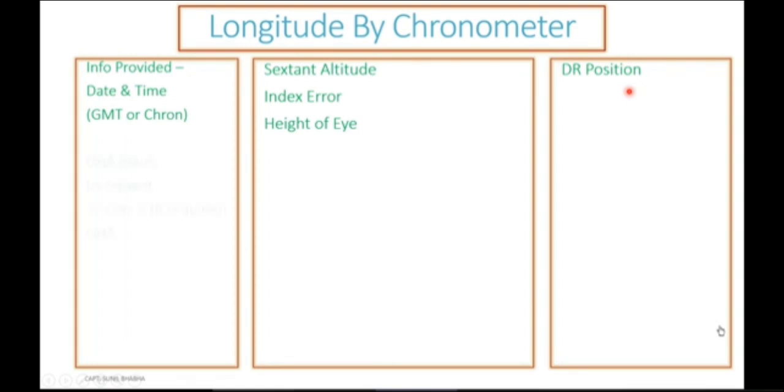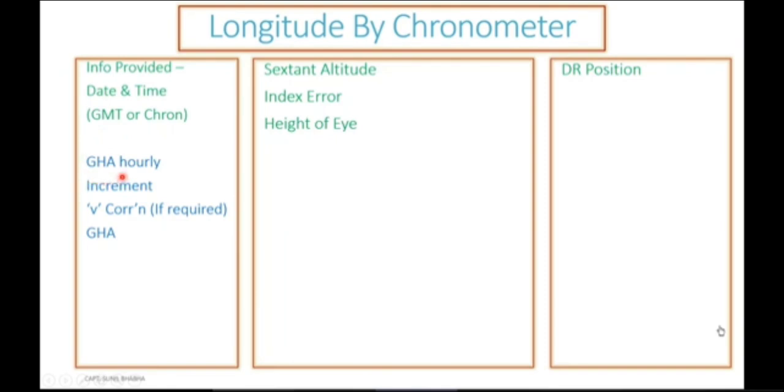Now, how do we proceed ahead? The first thing which we do is, if it is chronometer time, we resolve the chronometer ambiguity and we get the exact GMT date, hour, minute, and second. Once the exact GMT is available to us, we enter into the almanac, and for that particular body, we get the GHA of the body.